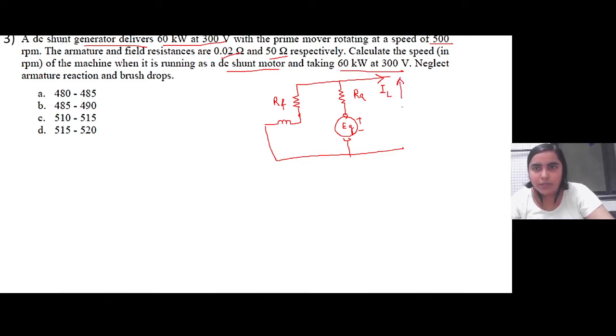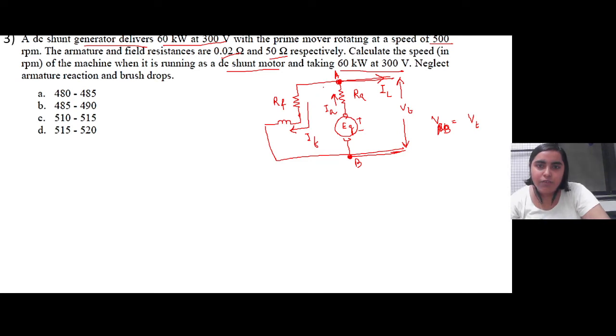Let this be the terminal voltage VT. The field current is IF and the armature current is IA. Let me denote this node by AB. At this node, VAB is equal to VT, because there is nothing connected in between in this line, so this load voltage will come across AB.